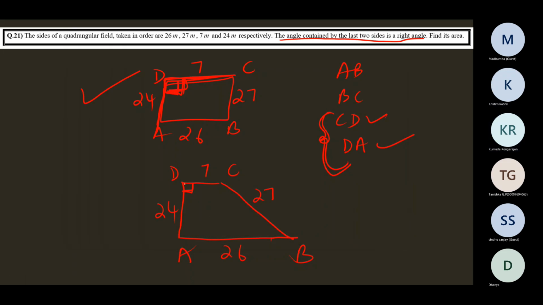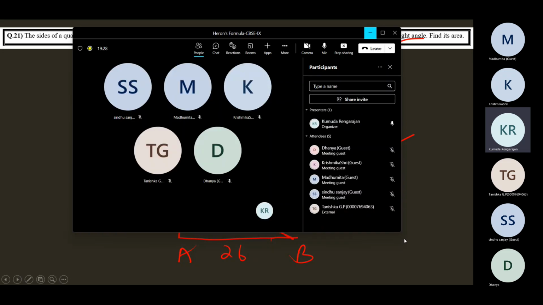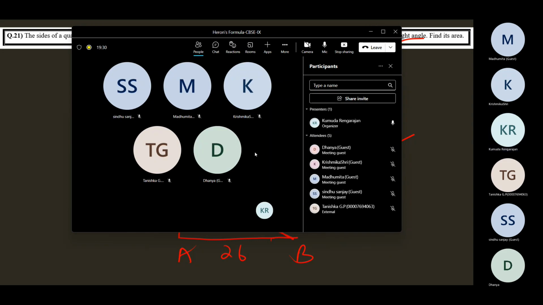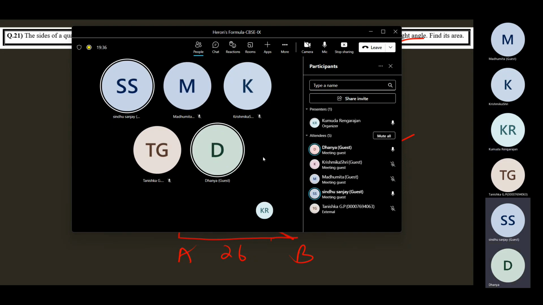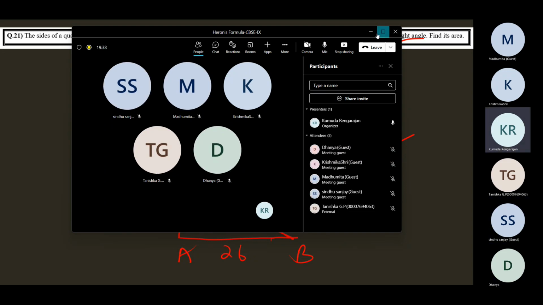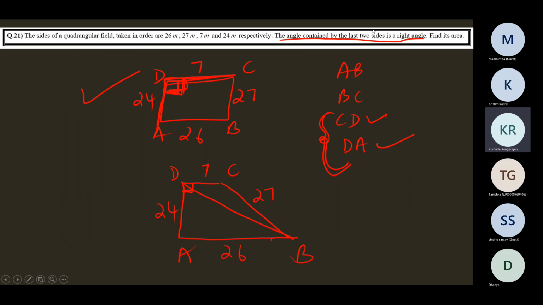Yes, ma'am. Okay. How many of you say she's right? What about the others? AB or AC or DB? Ma'am, I think it's AC. AC. Danya? Yes, ma'am, it's AC, I think. The rest of them say AC. Now, Krishmika, if I tell you that your friends are right, can you correct yourself? Yes, ma'am.